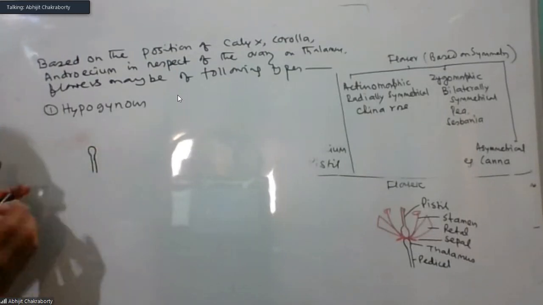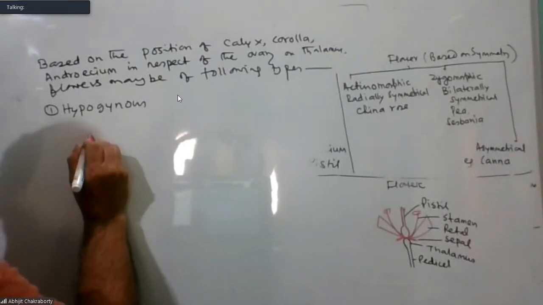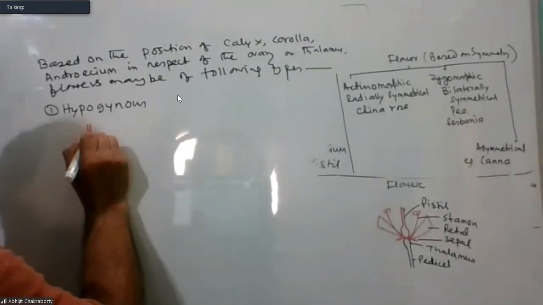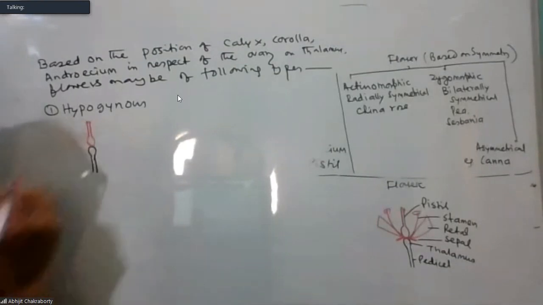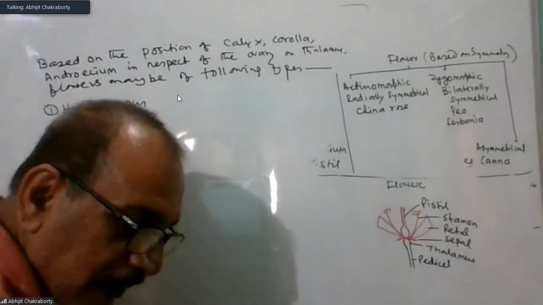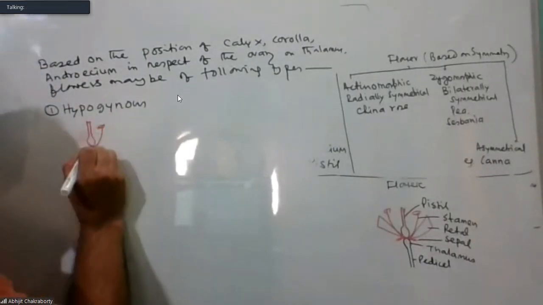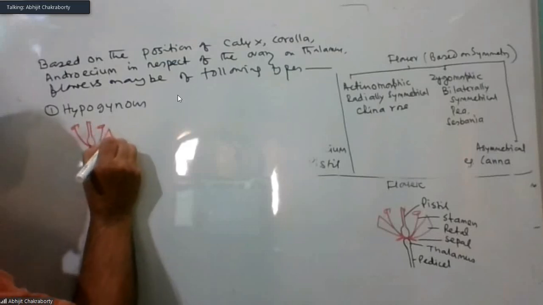You see, if the thalamus is convex, the gynoecium occupies the highest position, and from the lower side of the gynoecium, other floral parts are developed.